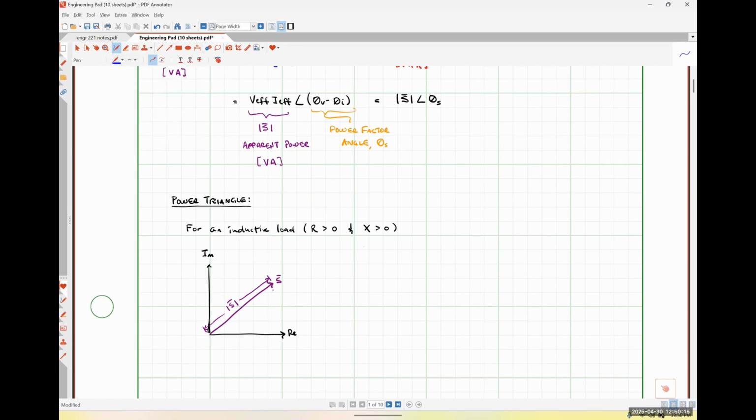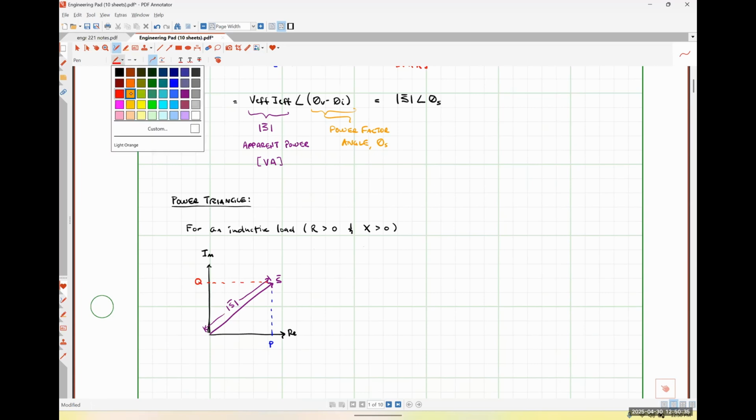The projection of this vector onto the real axis is my average power. And the projection of this vector onto my imaginary axis is my reactive power.